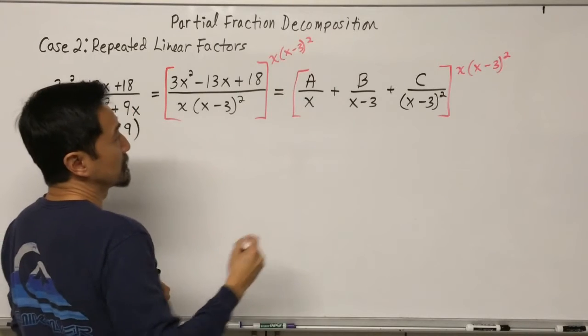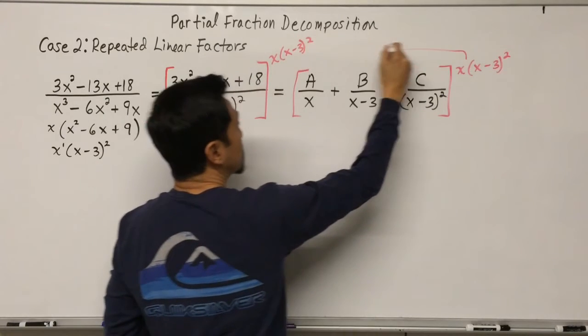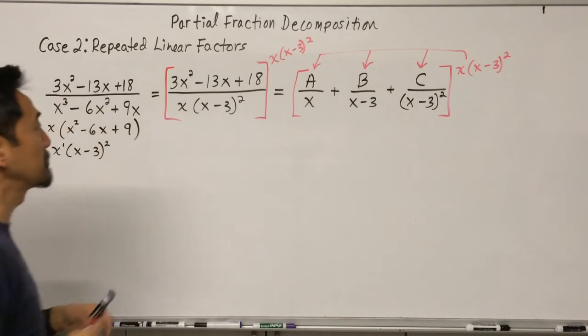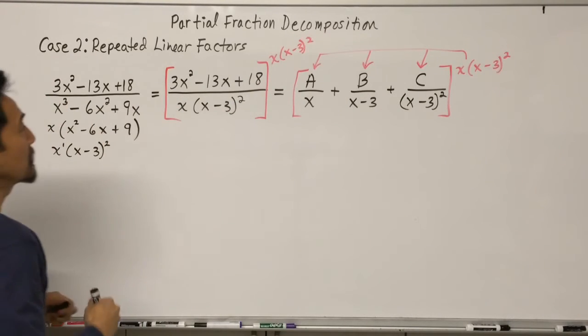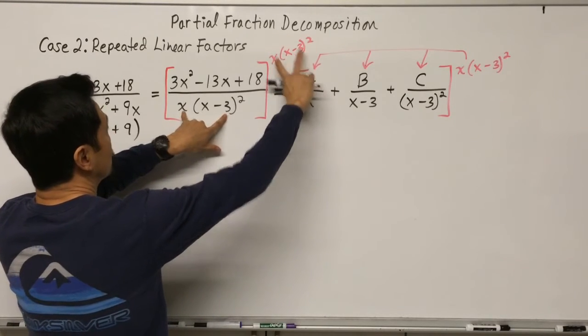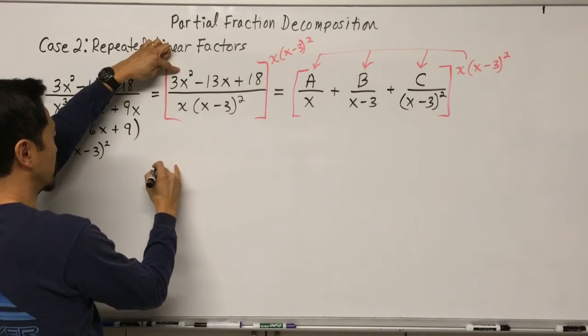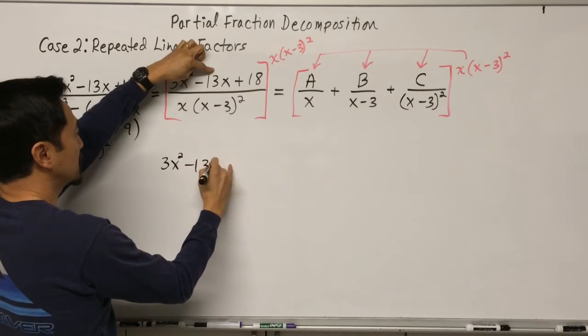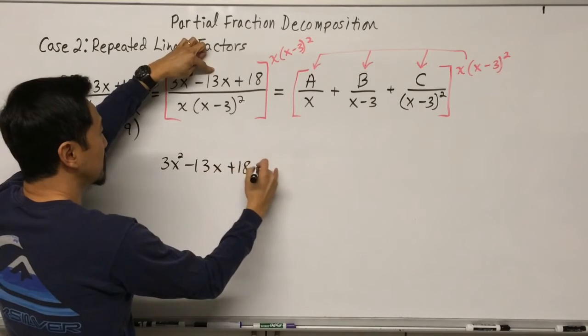You now have to remember that you're going to have to distribute that in red to each term in black. So here, these will just cancel each other, and you're going to be left with this numerator. It'll be 3x squared minus 13x plus 18.